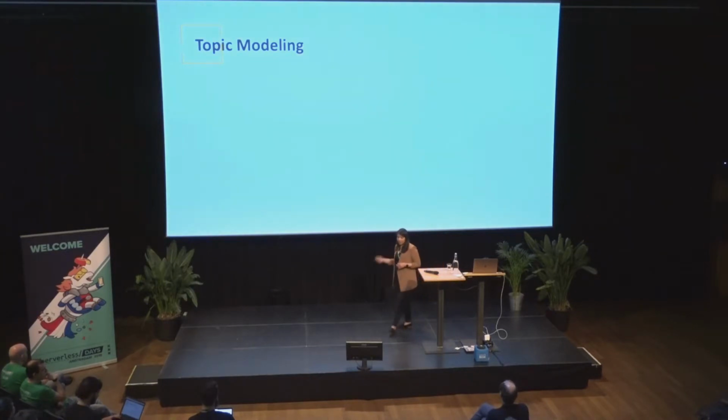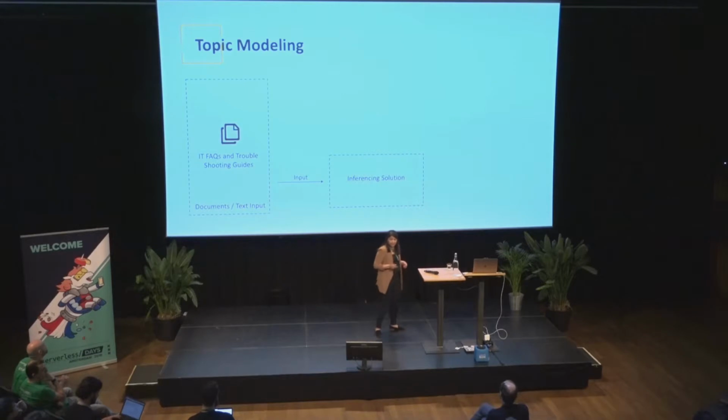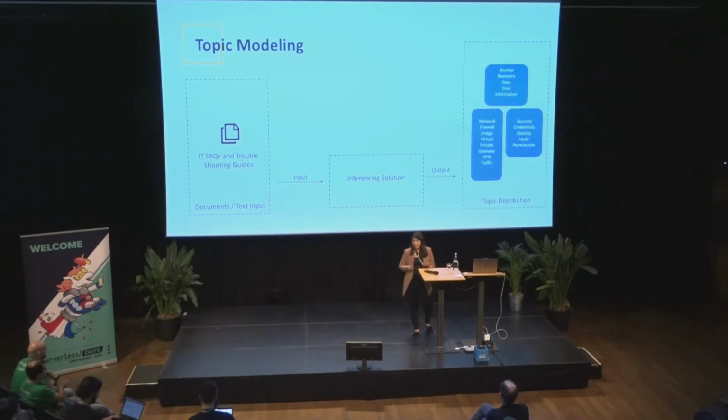OK. The next use case I have is that of topic modeling. In this one, the customer wanted to set up an inferencing application that would take as input a bunch of raw data in the form of IT FAQs, correspondence, and troubleshooting guides, and classify it into multiple topics that the text contained.